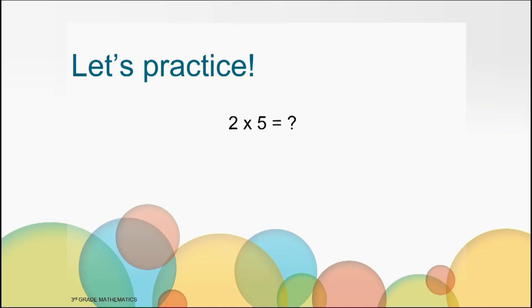Take a moment to figure out what 2 times 5 is. If we know that 2 times 5 is 10, how can we use that to figure out what 4 times 5 is? Think about our doubling strategy.